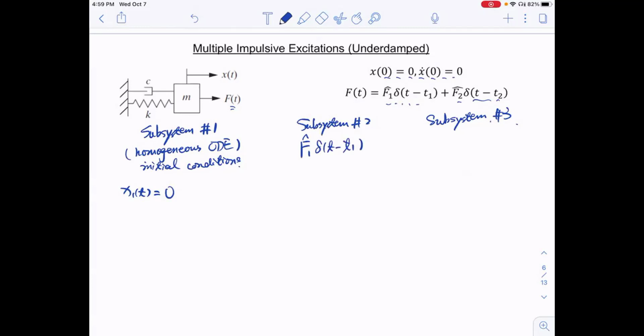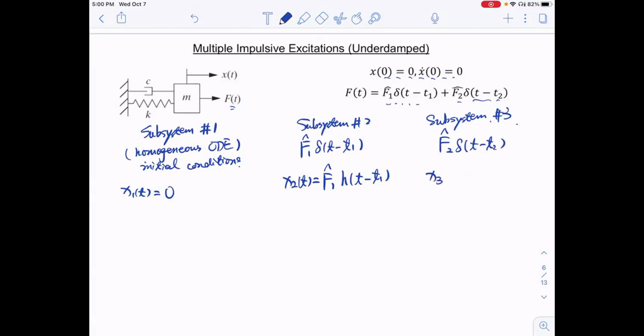So this impulse is applied at time equal to t1. So remember that your response should be the force amplitude times your h function, and then your h function should be delayed by t1 as well. The same thing, you have your f2 h of t minus t2.